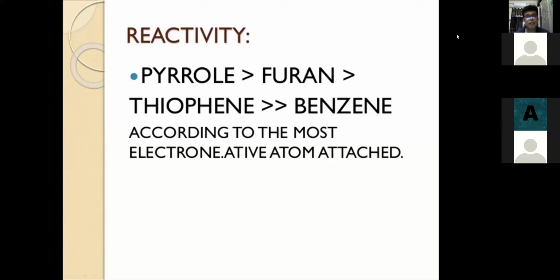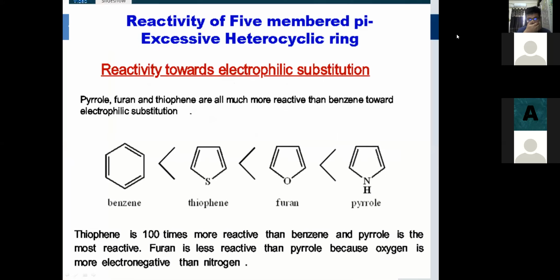So what do you see over here? Pyrrole, thiophene and furan are all more reactive than benzene towards electrophiles. Why are they more reactive toward electrophiles? Because they have a lone pair of electrons which can be donated and increase the electron density in the ring. That's why these three heterocycles are more reactive.